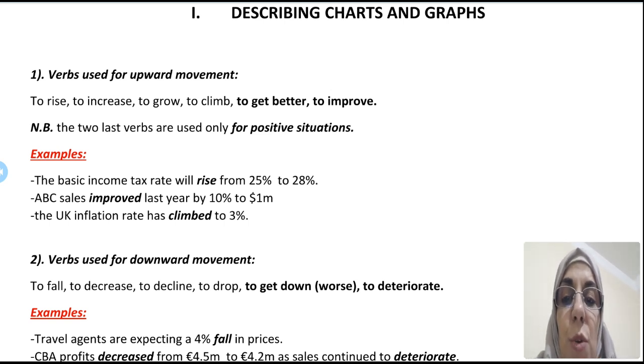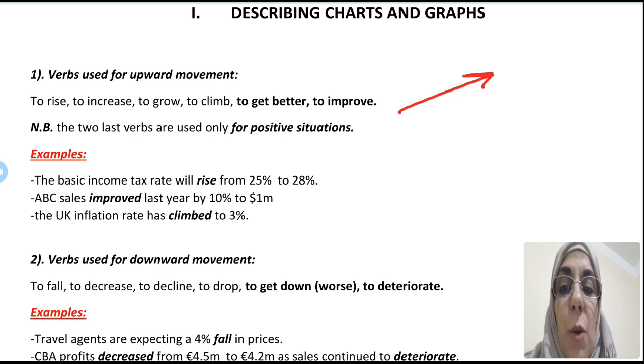Verbs that we use in order to describe an upward movement. What do I mean by an upward movement? When the graph is getting up in this way, okay? So the verbs that we use are to rise, to increase, to grow, to climb, to get better, to improve.